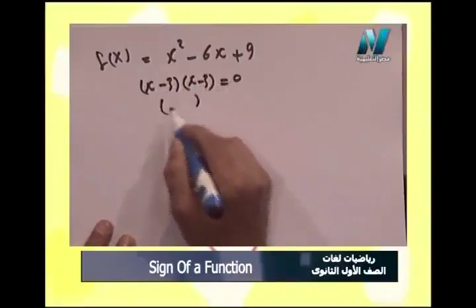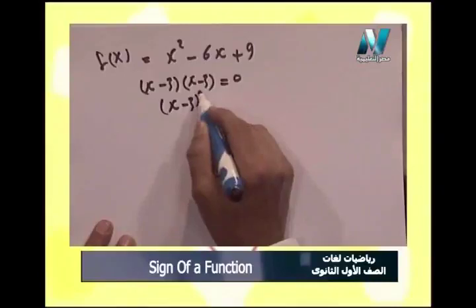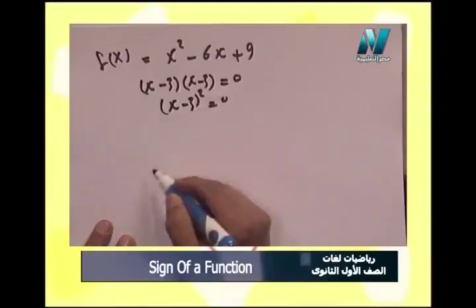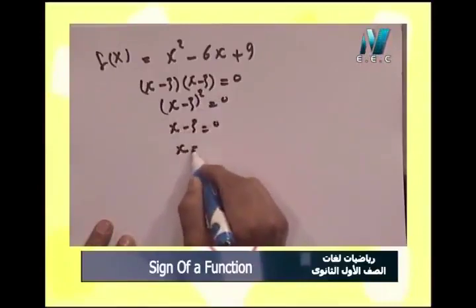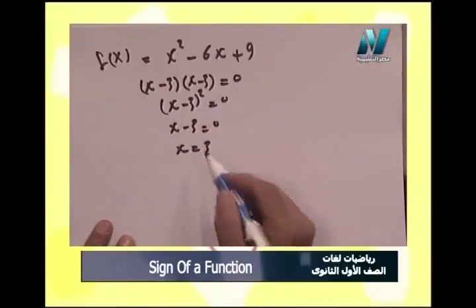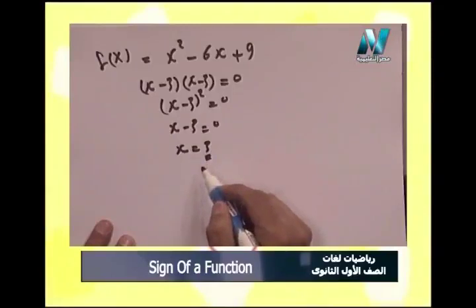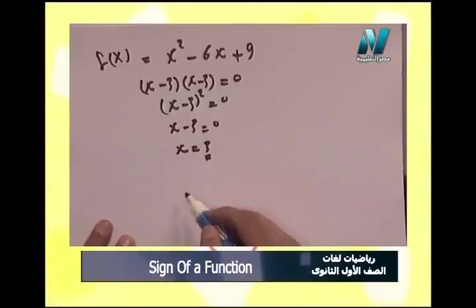Or we can write it as x minus 3 all power 2 equals 0, so x minus 3 is 0 and x equals 3 only. It has two equal roots.